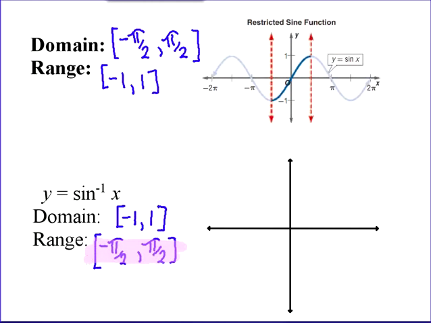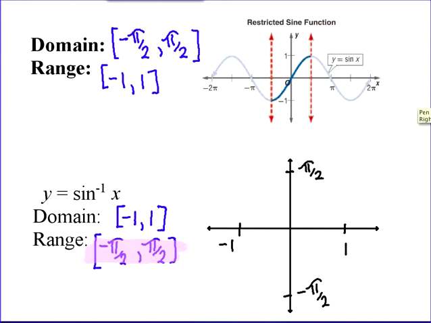Okay, so now I need to graph this. It says that my domain is from negative 1 to positive 1. So here's my x. I've got negative 1 here, and positive 1 right here. My y is from negative 1/2 pi to 1/2 pi. Now you can even do this on your calculator.